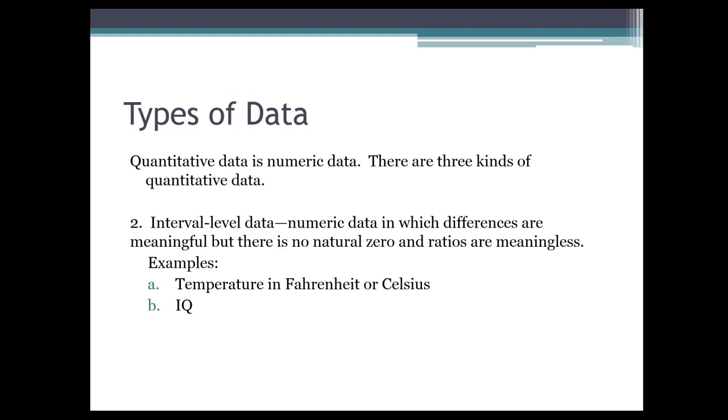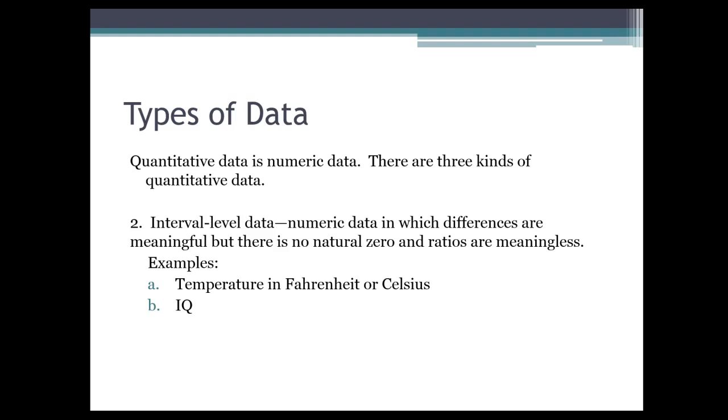Another one is temperature. If you're looking at it in Fahrenheit or Celsius, you could talk about a difference of 2 degrees, and that makes sense. But it doesn't make sense to say the temperature today is 60, whereas it was 30 yesterday, so it's twice as hot. Okay, so ratios don't make sense.